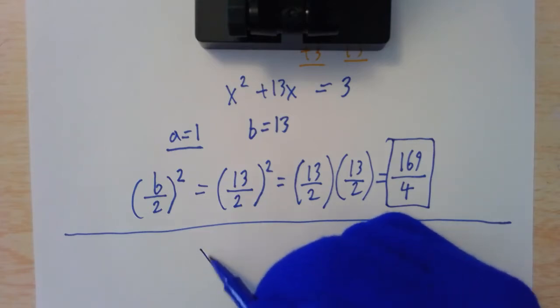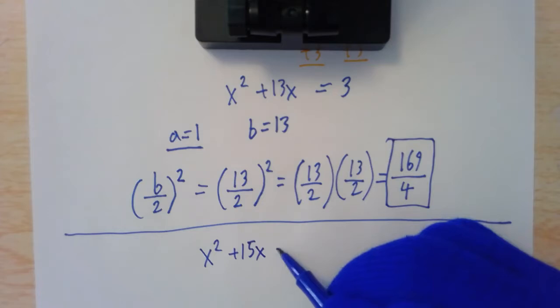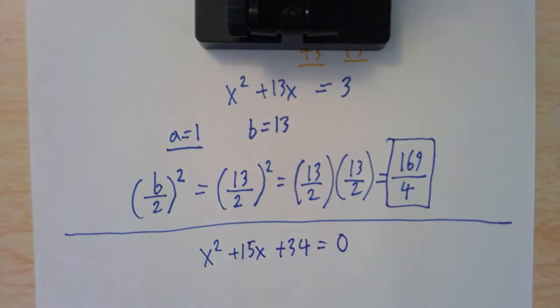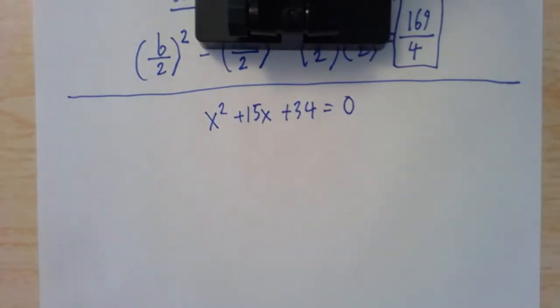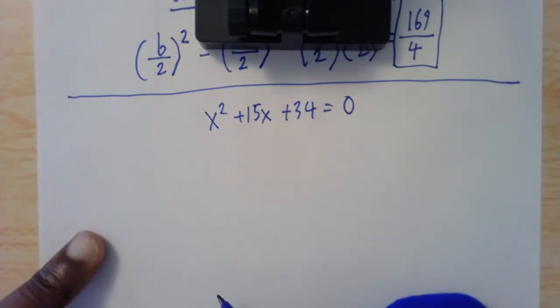So now I have x squared plus 15x plus 34 equals 0. What's the first step here? You got it. We need to make sure that the x terms are on one side and the number is on the other. So what operation am I going to do? Subtract.